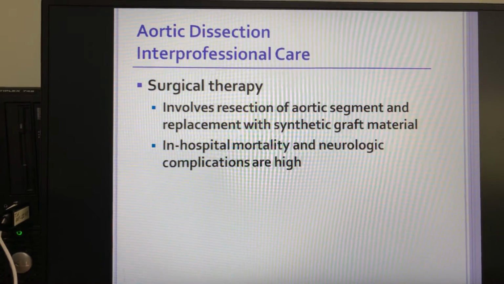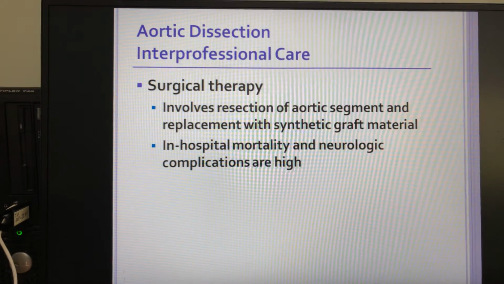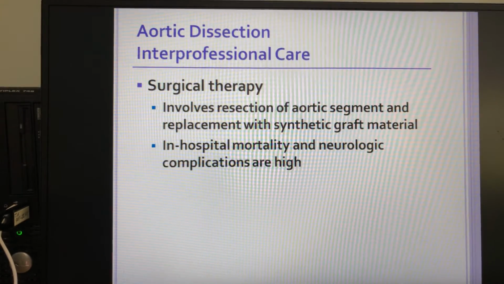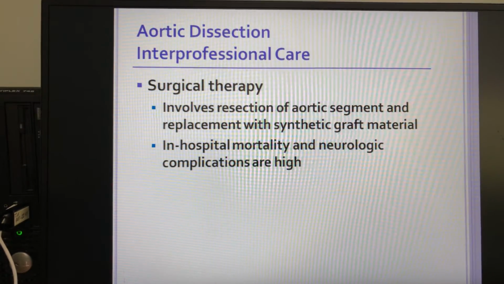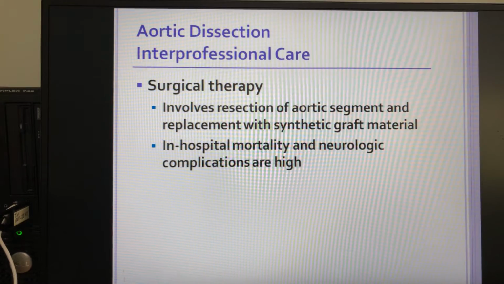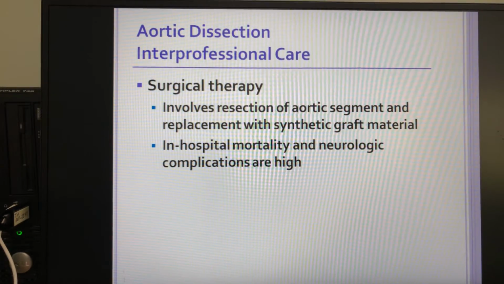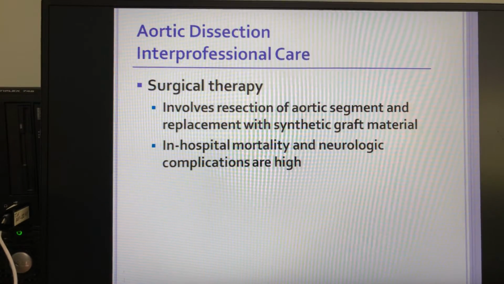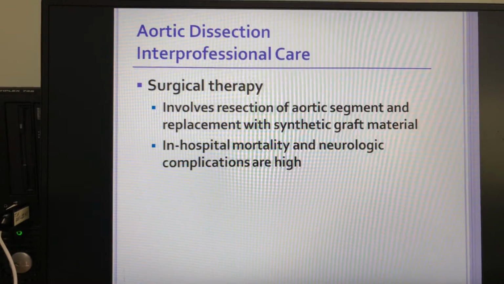Open surgical repair is recommended for patients with a chronic dissection that have a connective tissue disorder, and it is recommended for a descending thoracic aorta with a diameter greater than 5.5 centimeters. Causes of death include aortic rupture, mesenteric ischemia, MI, sepsis, stroke, and multi-organ failure.